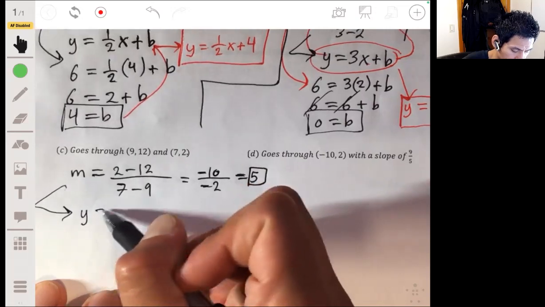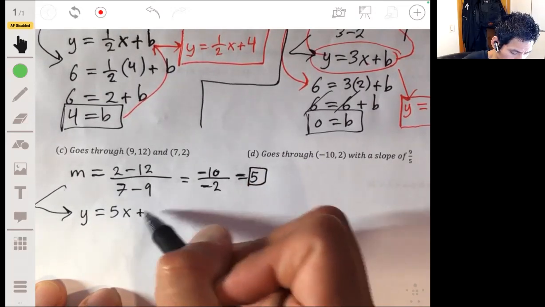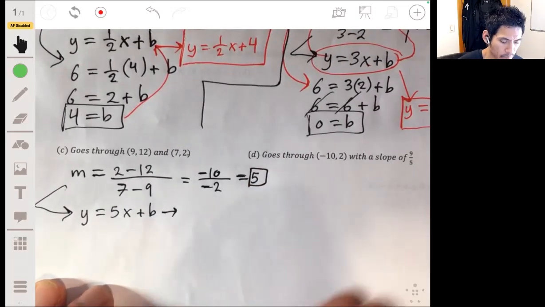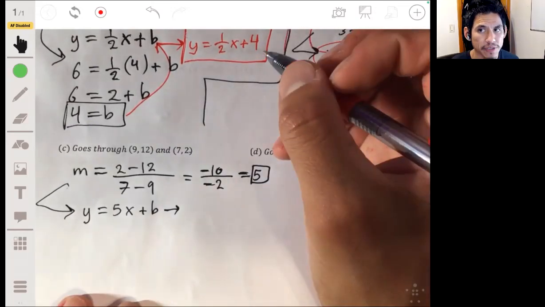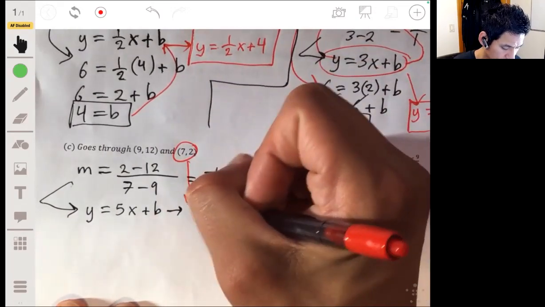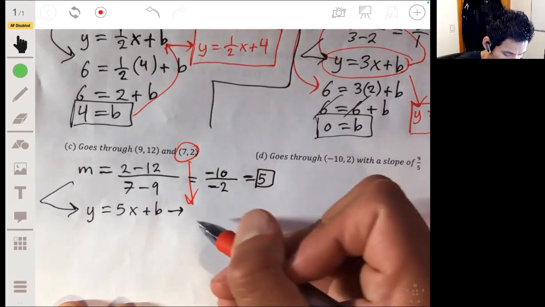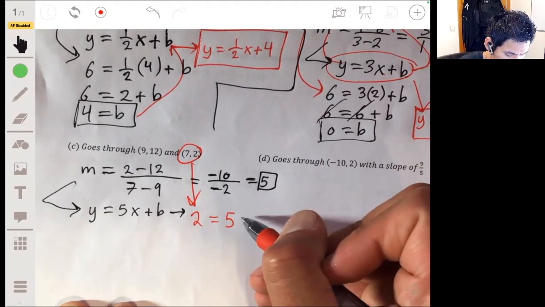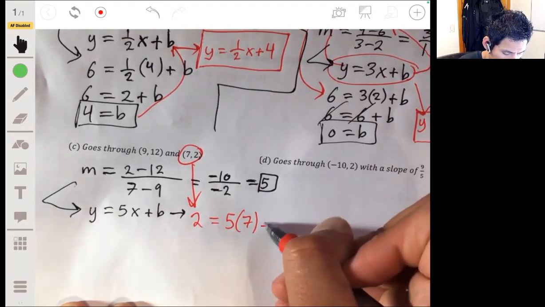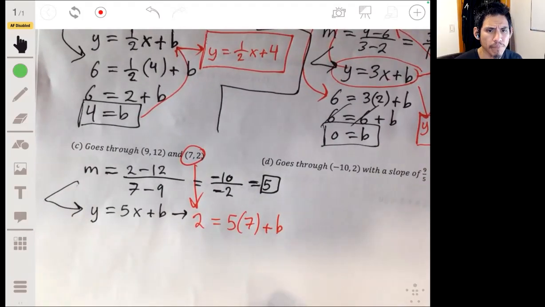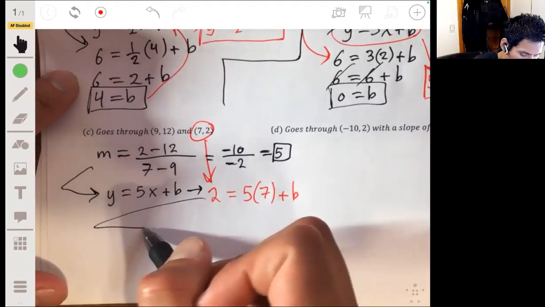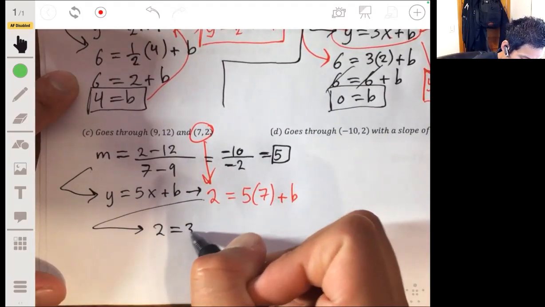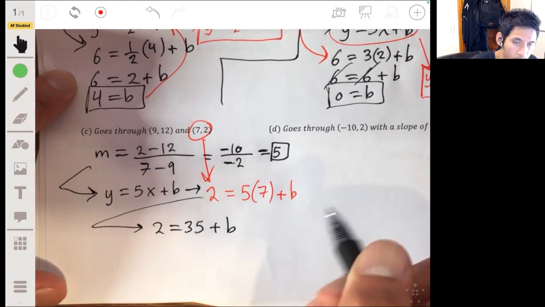So I'll get y equals 5x plus b. And again, just pick either point to plug in. So let me just pick 7, 2, because that looks simpler to work with. So then I'll have y is 2 and x is 7. And we'll get 2 equals 35 plus b.